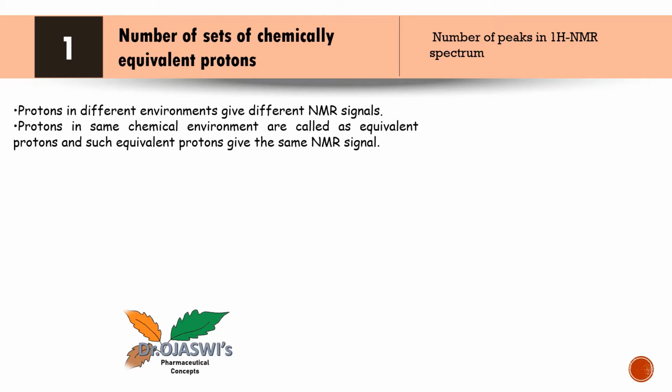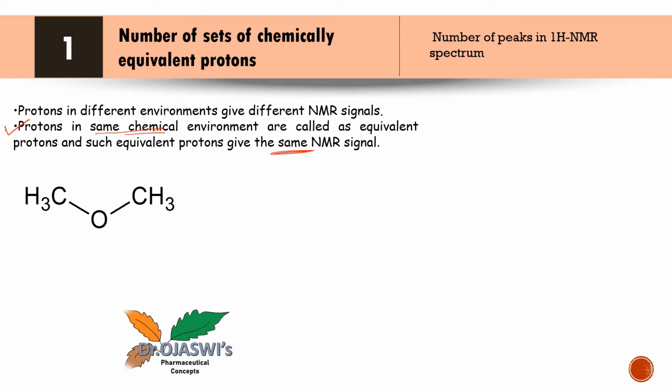For example, if we have this structure, see here, the point which I have written: protons in the same chemical environment are called equivalent protons, and such equivalent protons give the same peak or same signal.